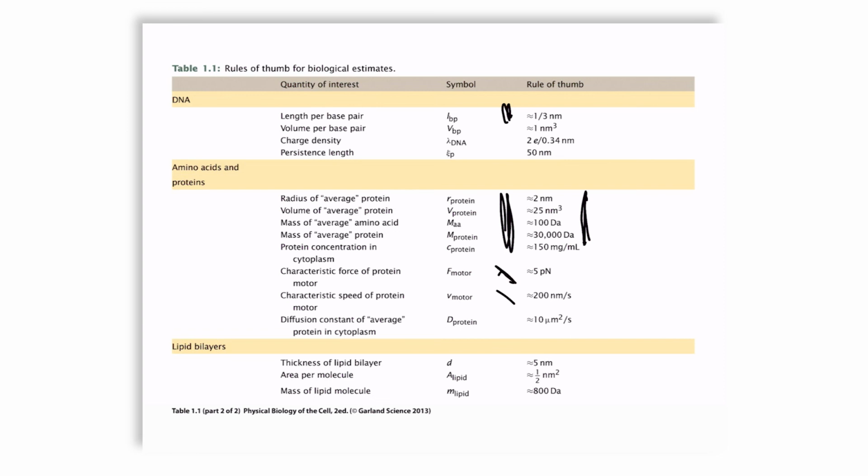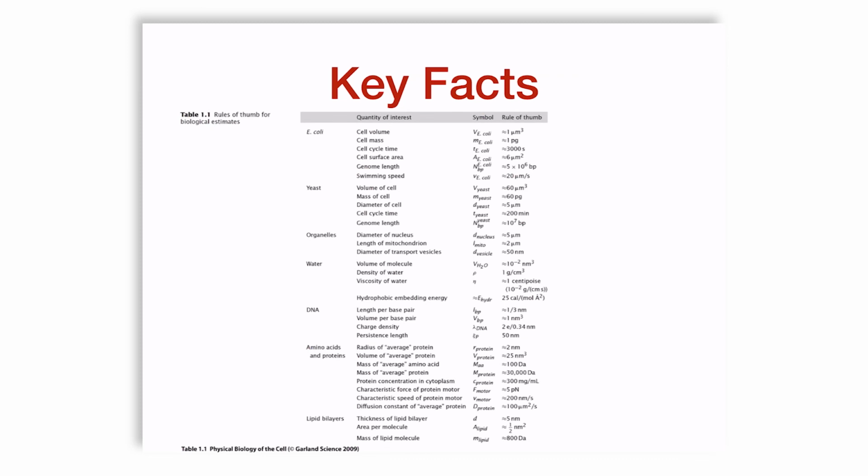The speed of motor proteins is 200 nanometers per second. The diffusion constant of an average protein in cytoplasm is 10 square microns per second and can be up to 100. The thickness of a bilayer is 5 nanometers, 2.5 nanometers or 2 nanometers is approximately the height of a single lipid. The area of the lipid is half a square nanometer and the mass of the lipid molecule is 800 daltons. So these key facts are nice to keep by you and you may want to refer to them.